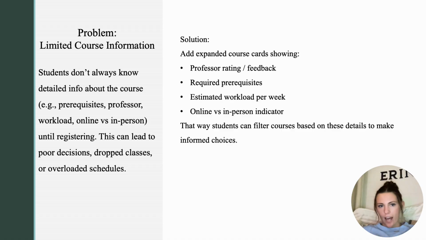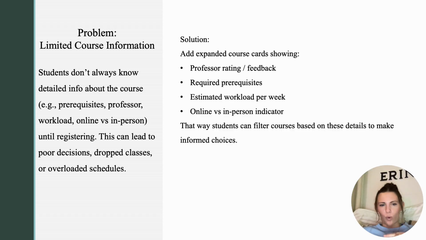If this were to happen, a solution would be having additional cards with professor ratings. I think that's really good because I've gone into a couple classes where some professors are a lot more difficult, and I kind of wish I had looked into other professors before I got filled. So I think professor ratings and feedback is really important.